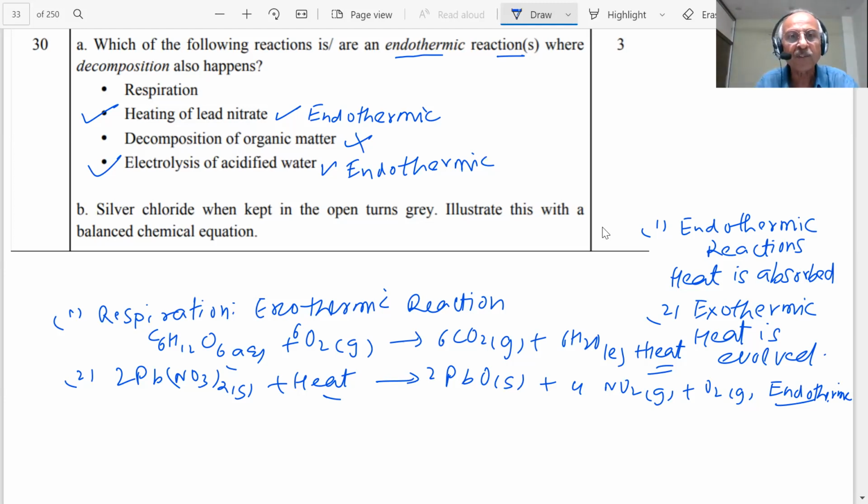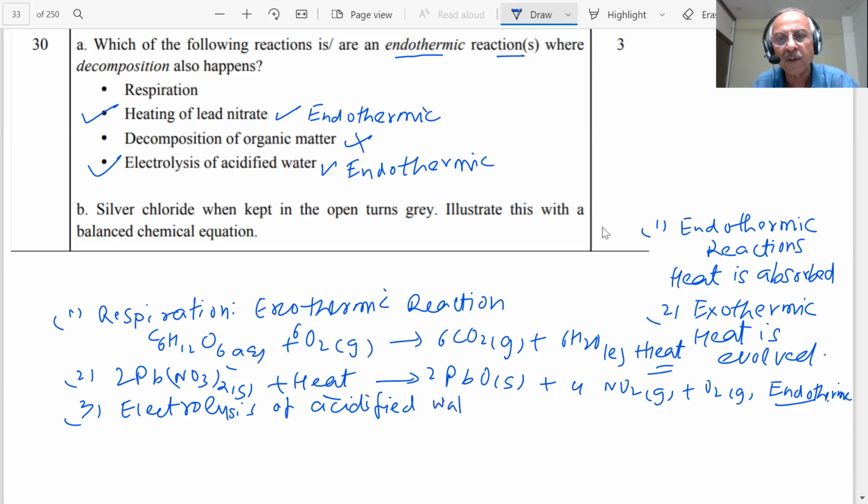Just for your information, students, the answer has already been given, but what happens in the electrolysis of acidified H2O? Why acidified? Because water has a very small concentration of ions, and when you add acid, the concentration of ions increases.